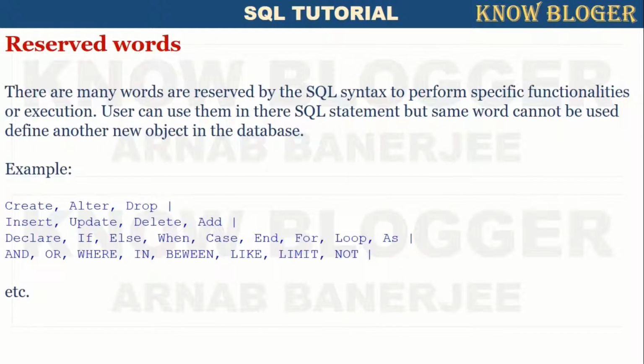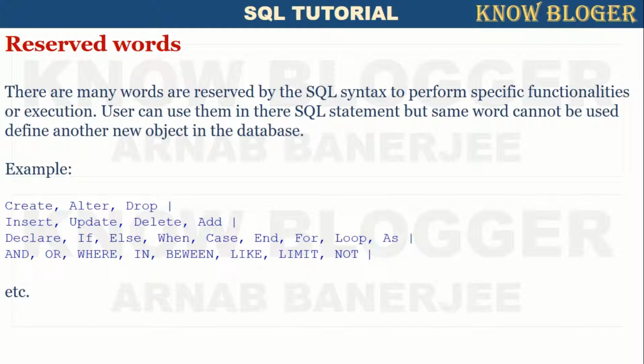Now I am going to the reserved words. What are reserved words? There are many words that are reserved by the SQL syntax because the words perform specific functionalities and execution. So SQL prevents users from using the same name to define another object. You cannot use the word create for your new object.